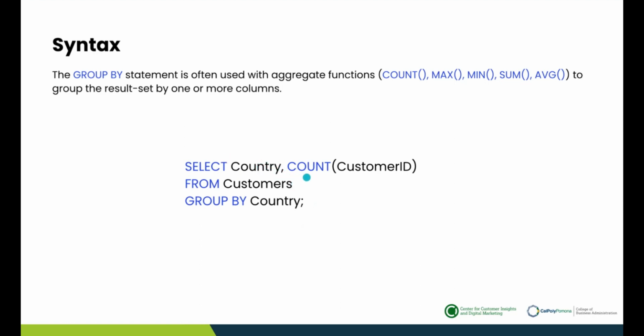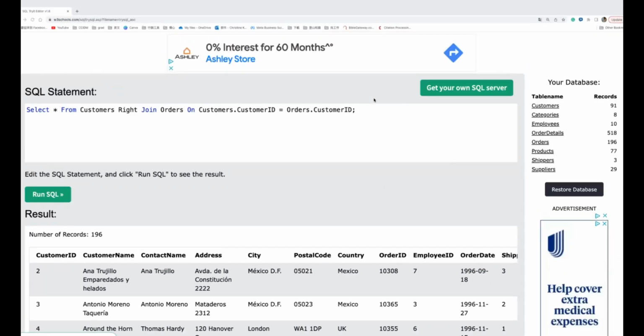I want to count how many customers are in each country, so I count customer ID. I put it in parentheses with the function COUNT in front, and then GROUP BY country. Let's see it in the simulation.